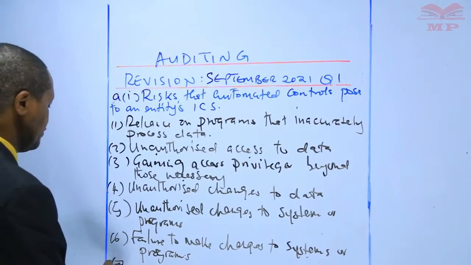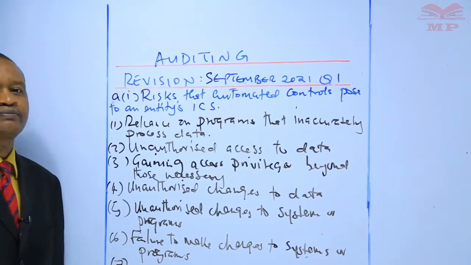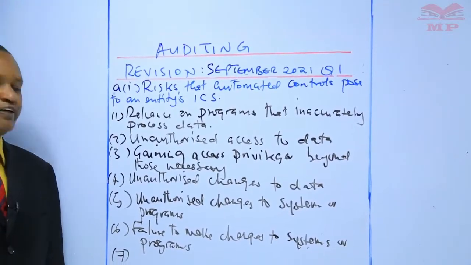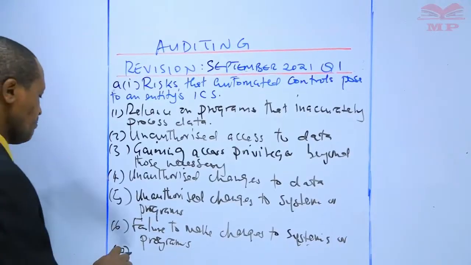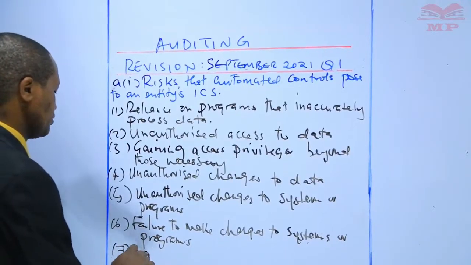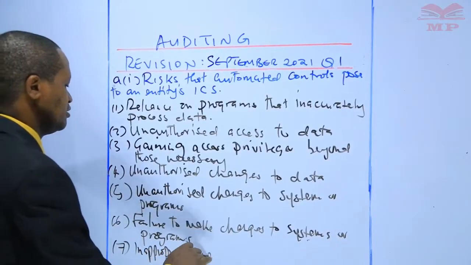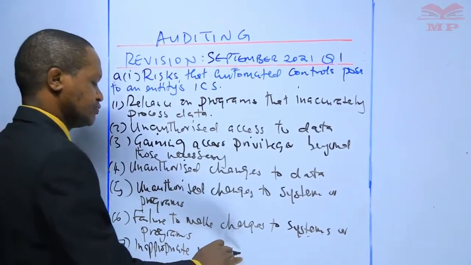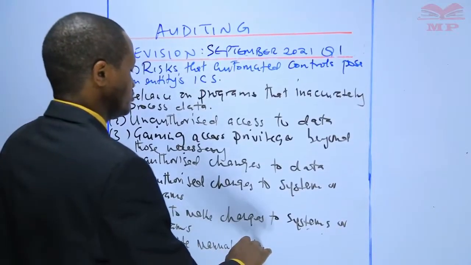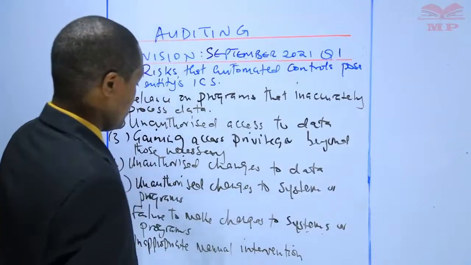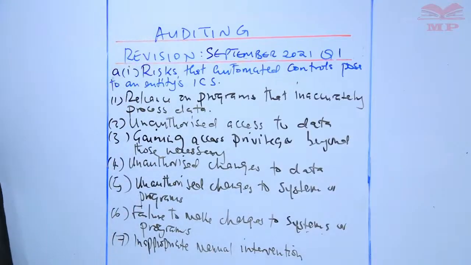And number 7, we can also cite inappropriate manual intervention. Inappropriate manual intervention is also a risk.